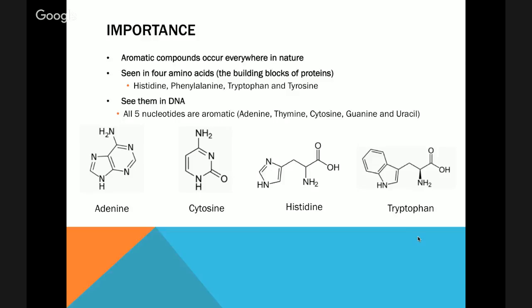So the whole molecule doesn't have to be a ring in order to be considered aromatic. It just has to have one aromatic ring within it. And here also is tryptophan. Tryptophan is very famous for being the amino acid that makes you sleepy after eating all of that turkey on Thanksgiving dinner. So little did you know, it's actually an aromatic compound.